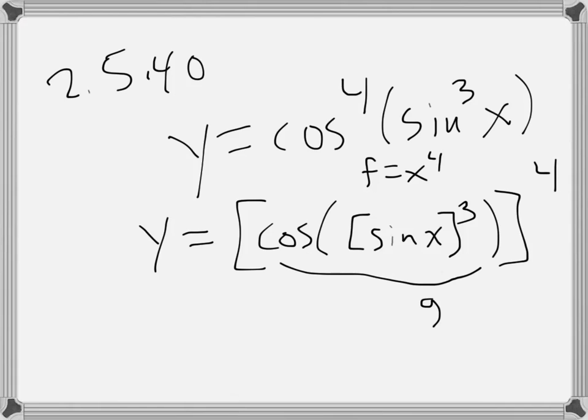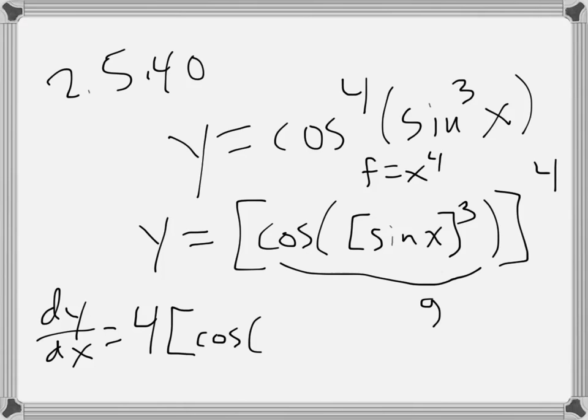So to start, I use the power rule, so it becomes 4, everything inside there is now to the 3, and then I multiply by G prime of x. So again, like the last problem, I'm going to do G prime of x on the next slide, and then we'll multiply it by what we have here.